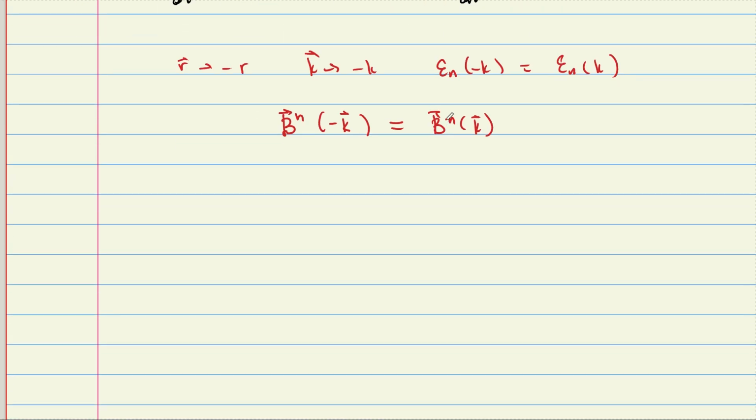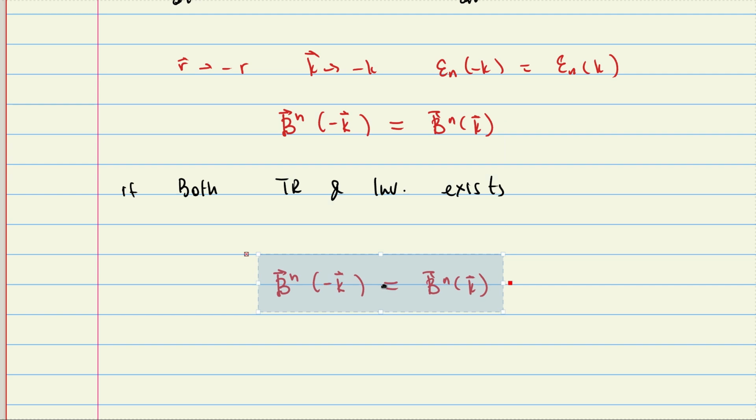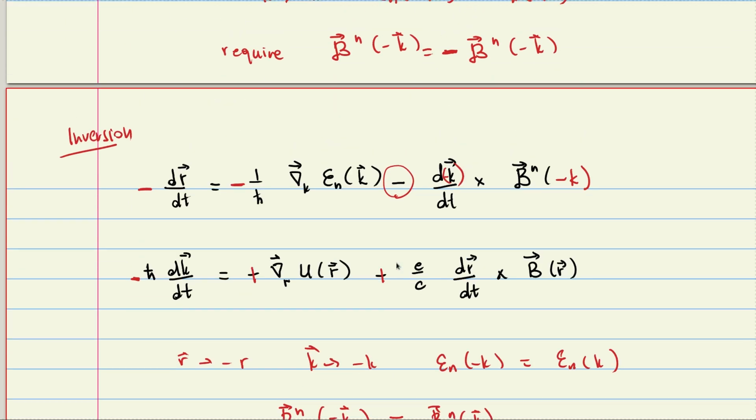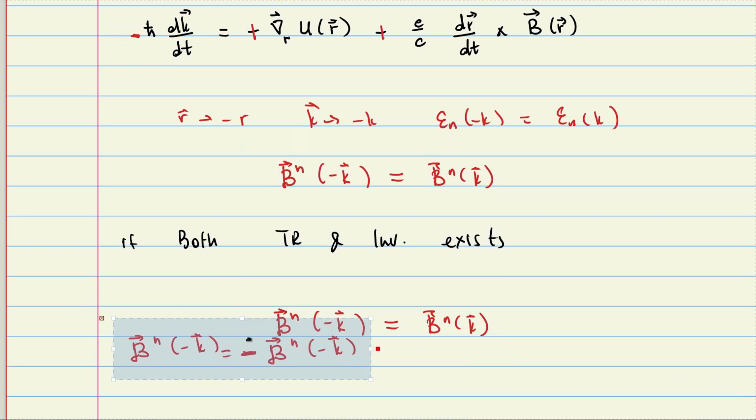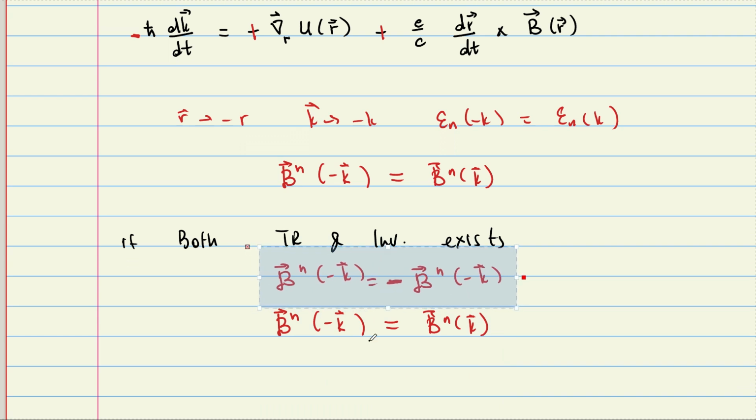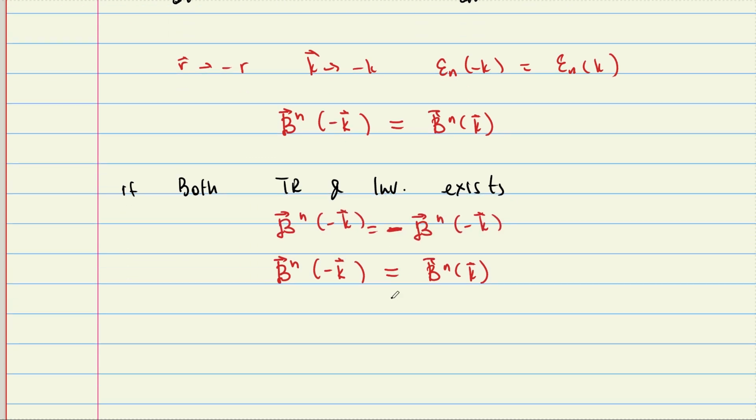Now the last thing I want to say, I will finish it here. So if both TR and inversion exist, then we have this thing from inversion and this thing from time reversal. It's going to be 0 because what we are going to see is this thing from one and this thing from the other. But if you combine this, what does it mean?